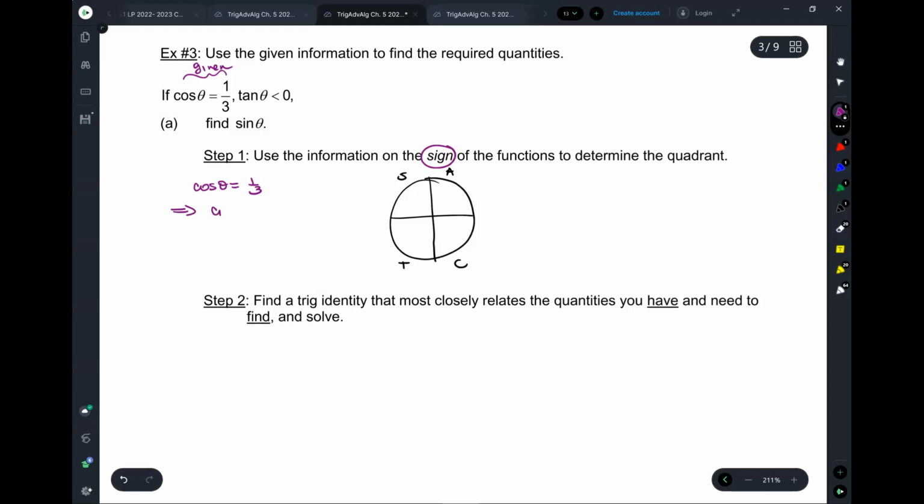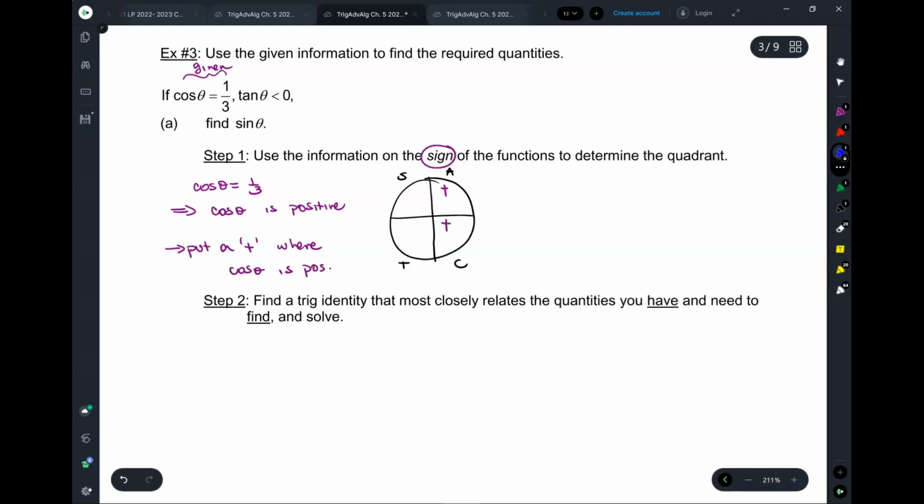This tells you cosine theta is positive. So put a plus in all the quadrants where cosine is positive. Where is cosine positive? In the first quadrant and the fourth quadrant. So here we put a plus where cosine is positive.